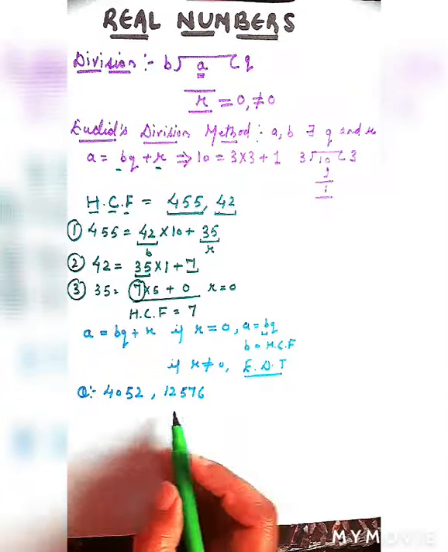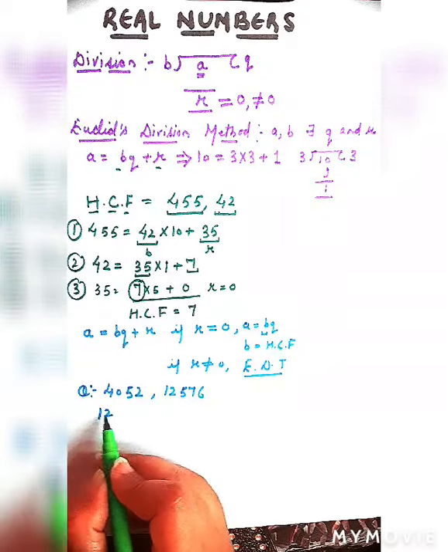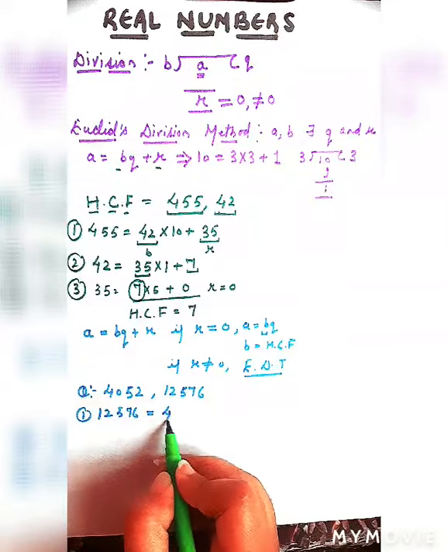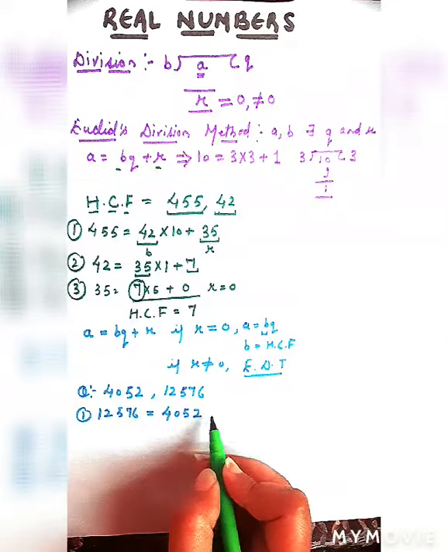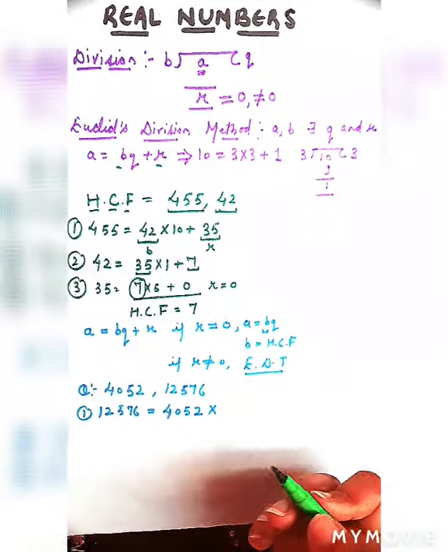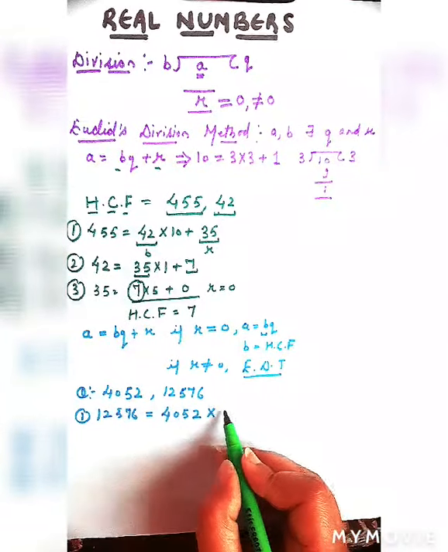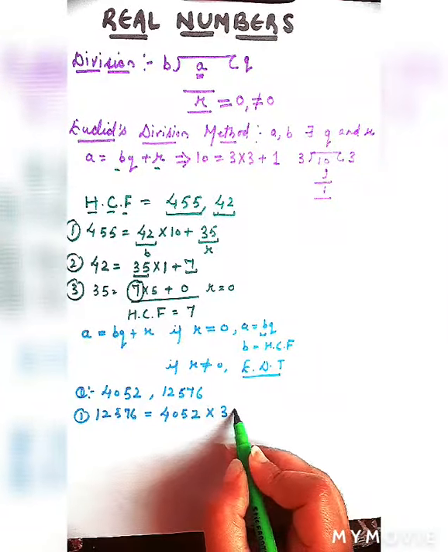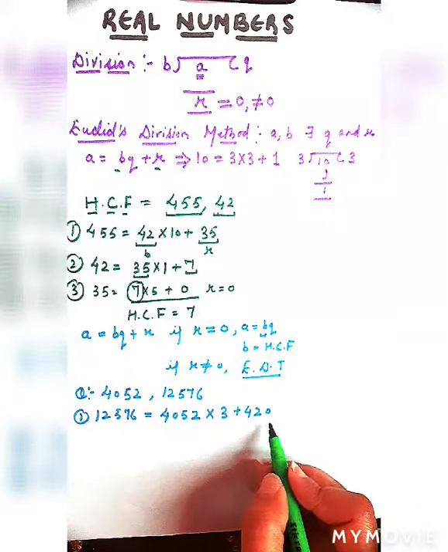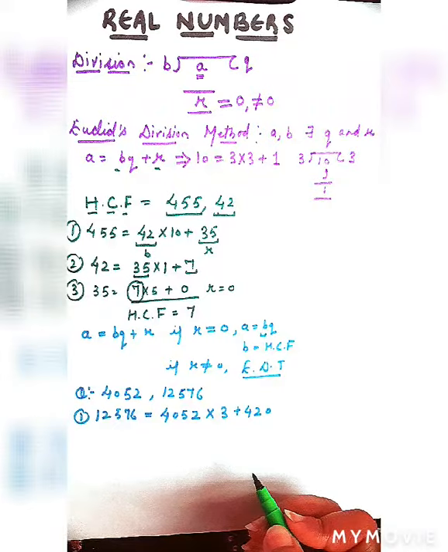Out of these, the larger number is 12576. This can be written as 4052, I have done this calculation already, multiplied by 3, and the remainder will be equal to 420. Fine. So again here the remainder is not equal to 0.